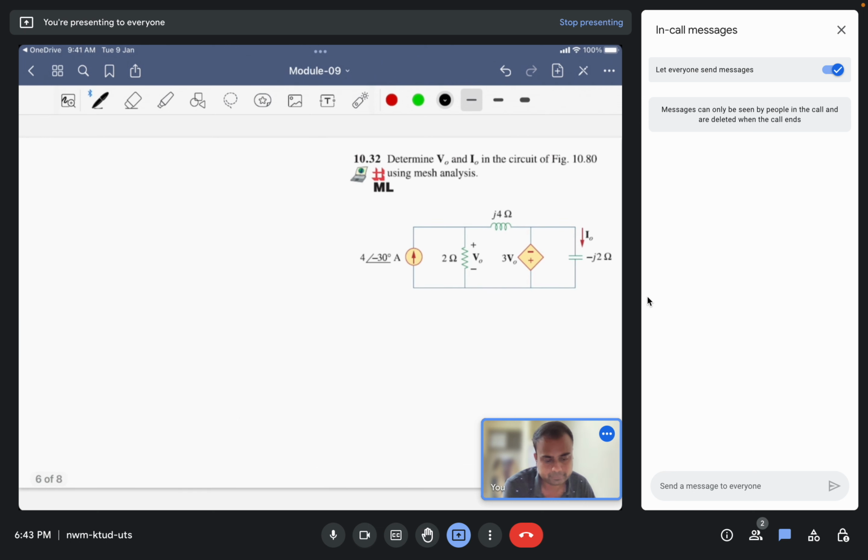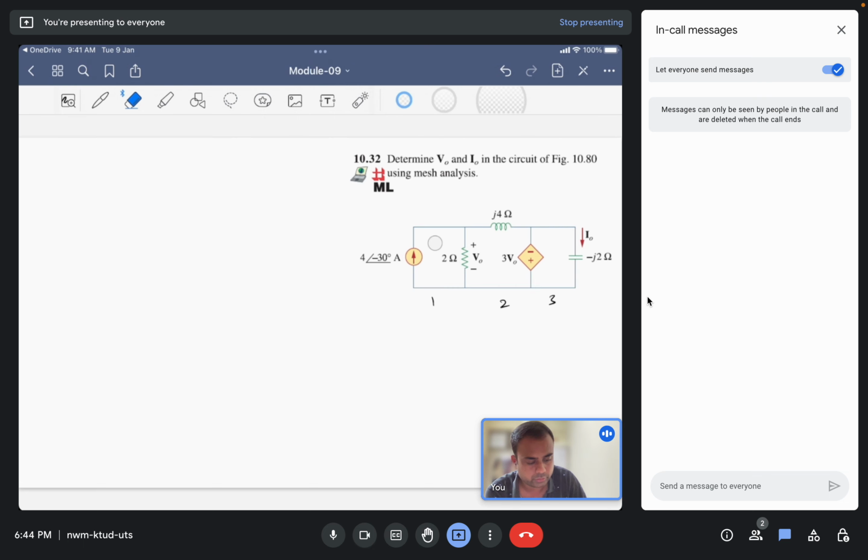Let us move again. So now we have to use mesh analysis for the fourth problem. In this problem, there are 3 loops, and we have to calculate V0 and I0. So let us name the loops. Let us call this as 1, 2 and 3.